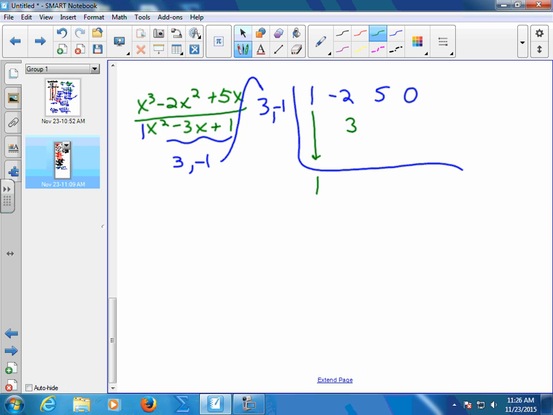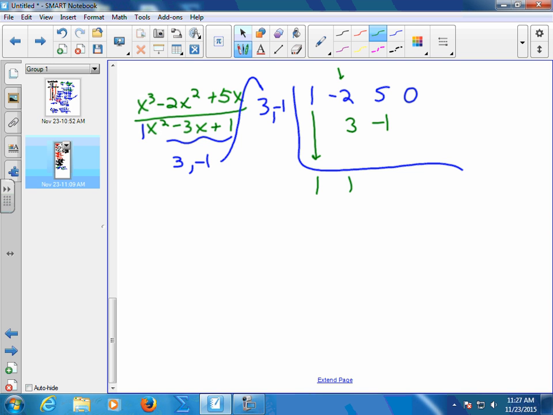You've got to do your negative 1. Negative 1 times 1, up to the right, which I did. So to the right of that, negative 1. Okay? Add this column down only, the one right next to this. This gives me a 1.